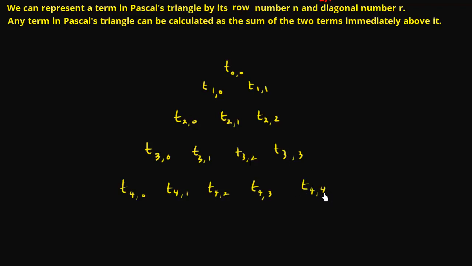Okay, so each of these terms can be represented by the row number n and the diagonal number. So that's why we use this notation.